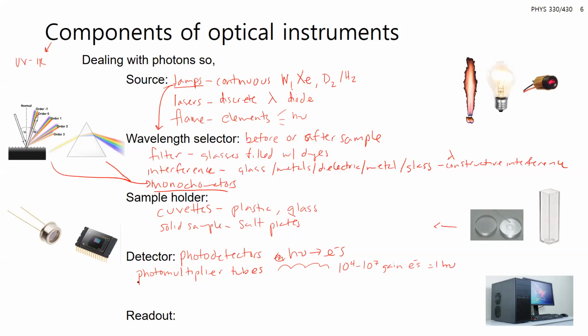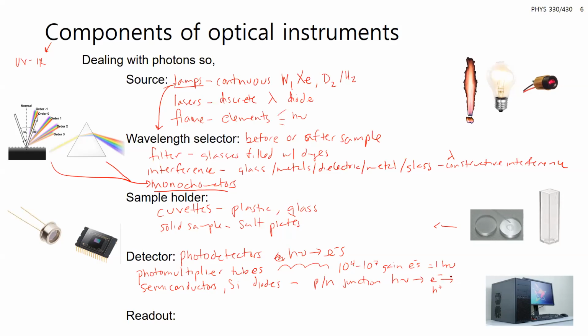Also, there's many photoconducting semiconductors. And these include silicon photodiodes, silicon diodes, where here you would have a PN junction. And when a photon hits, you'll have an electron and a hole split.